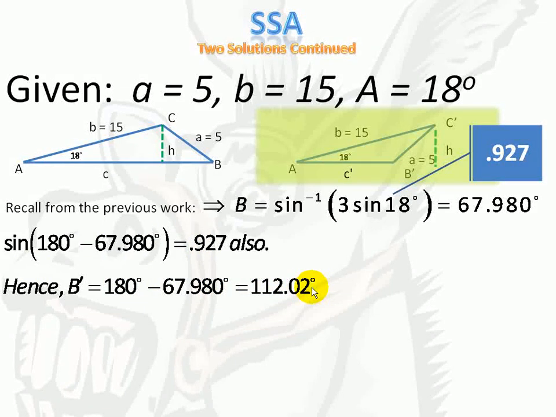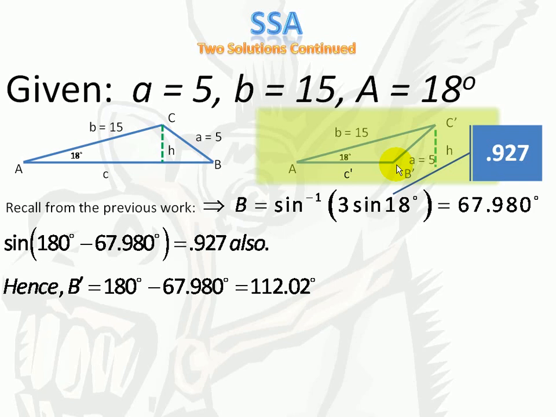In other words, that's how we find the other angle for the other triangle. By recognizing, yeah, this inverse sine will give us the first quadrant angle, but there is a second quadrant angle that corresponds to it as well, and that will be this B prime. Sometimes that's something you have to think about a little bit.